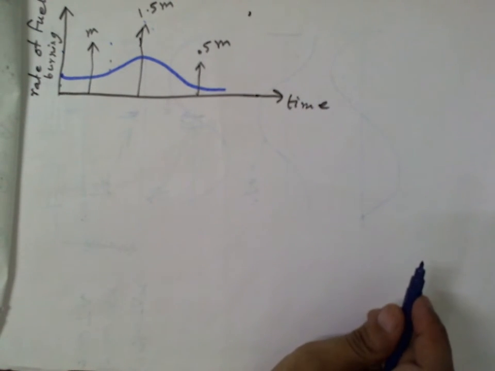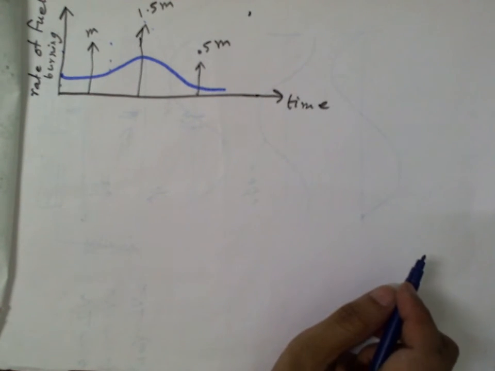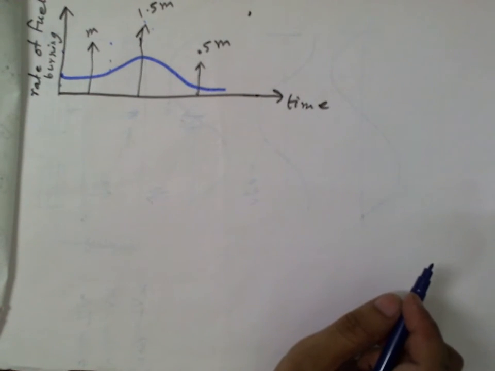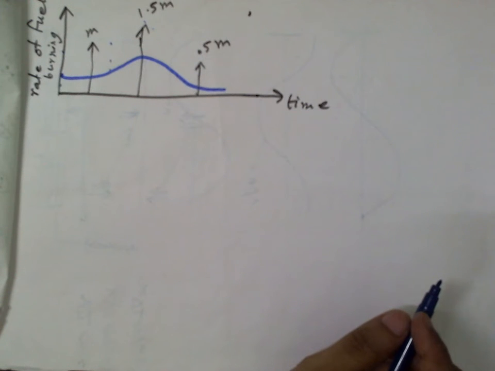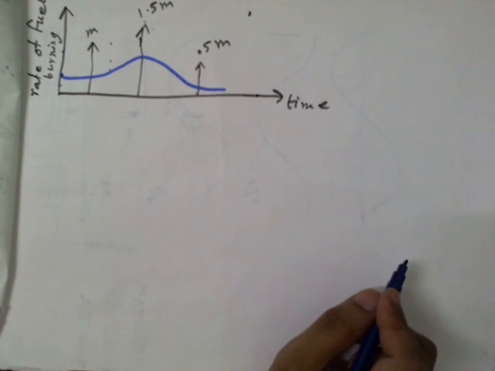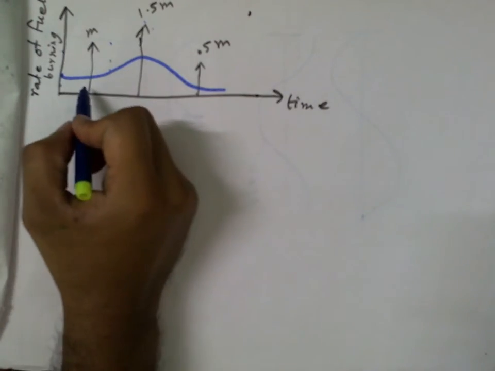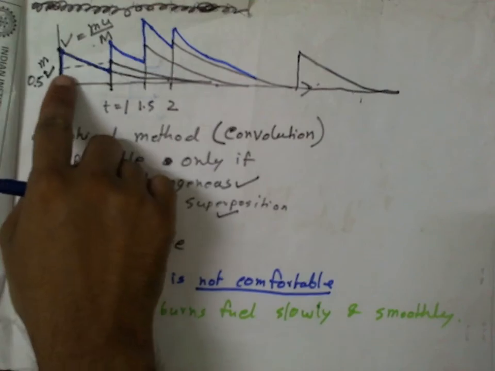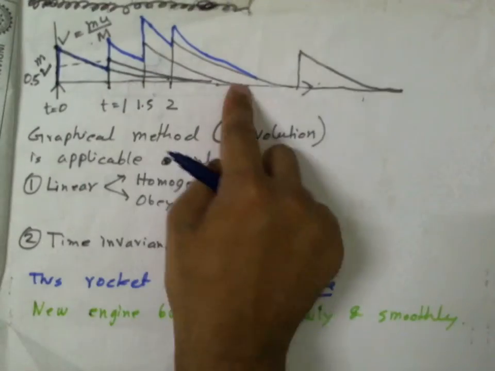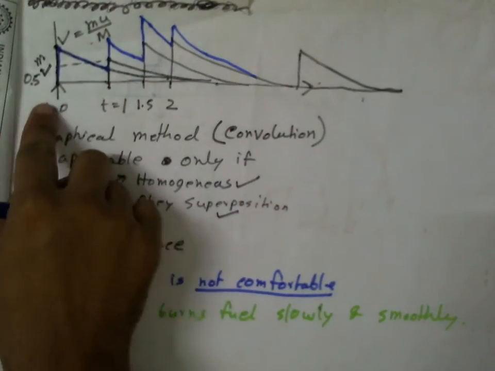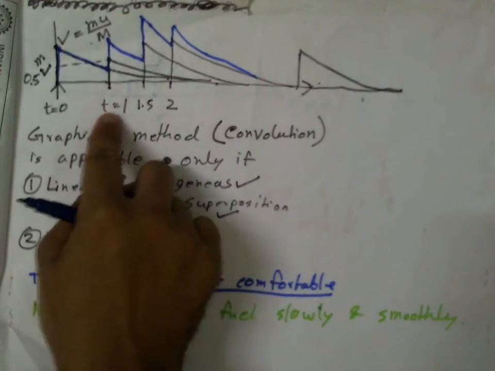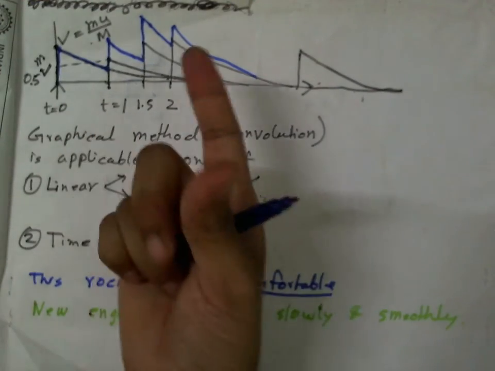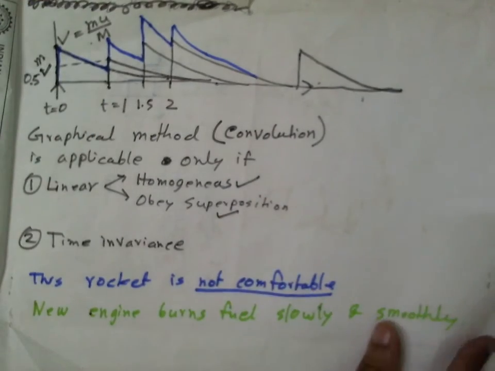But now I am in another trouble. The trouble is that I have to compute or estimate the velocity at any instance of time, and I cannot apply the previous trick of summing these impulse responses at the times of engine ignition.